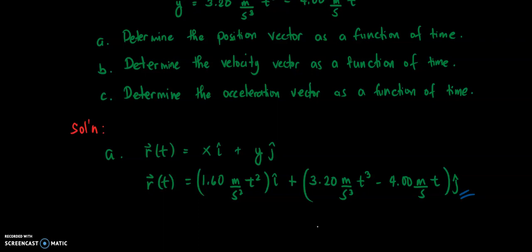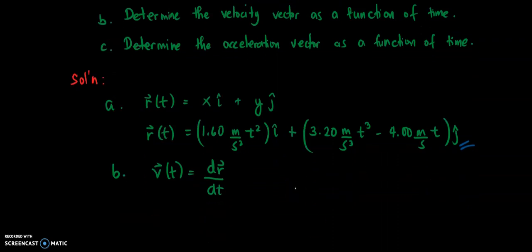Then for letter B, we will determine the velocity vector as a function of time. To determine the velocity as a function of time, the v of t is again the derivative of the position vector with respect to time.